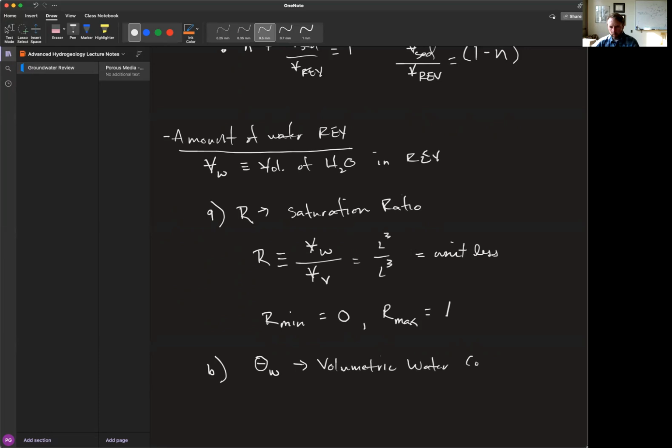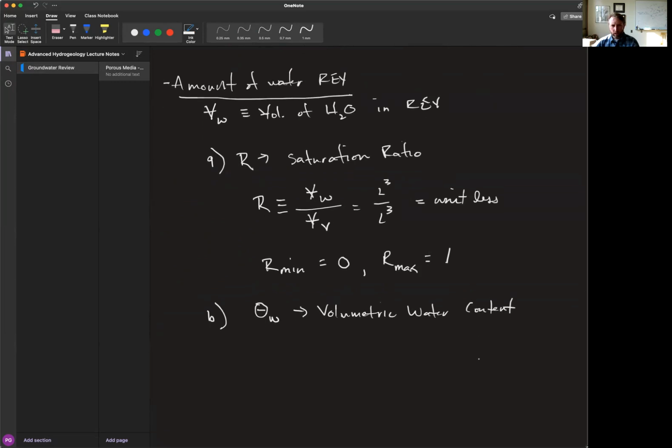That is defined as the volume of the water in our porous media divided by the volume of the REV. This is again unitless. It's length cubed over length cubed, which is unitless.